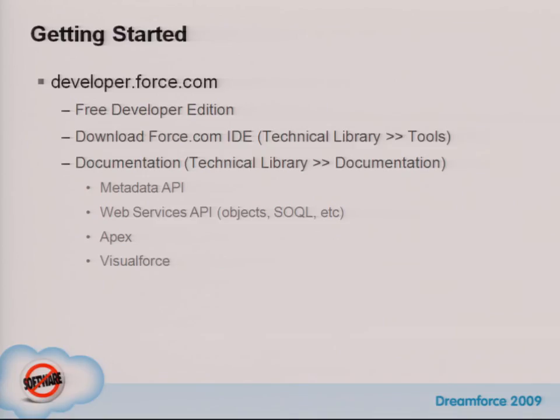Then you can download the Force.com IDE. All of this is on developerforce.com. There's a technical library section that has tools, and then you can download the IDE. You have to download Eclipse first as well, but there's very clear instructions on how to do that. And then a lot of this documentation, you were asking about how do I know what this XML is going to look like? That's all in the metadata API documentation. So if you really start working with the IDE, I'd highly recommend reading through that document, or at least the beginning, and then using it as quick reference thereafter.